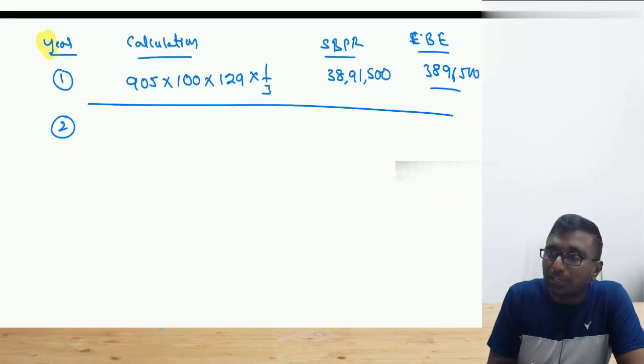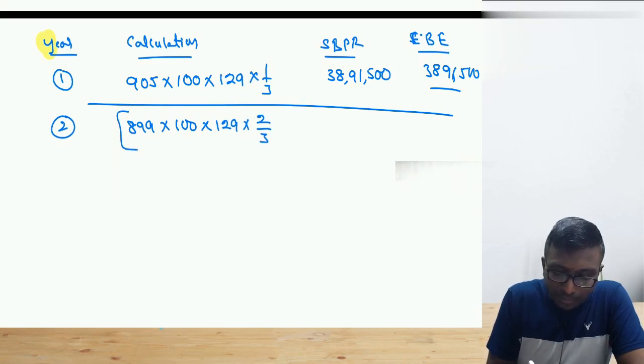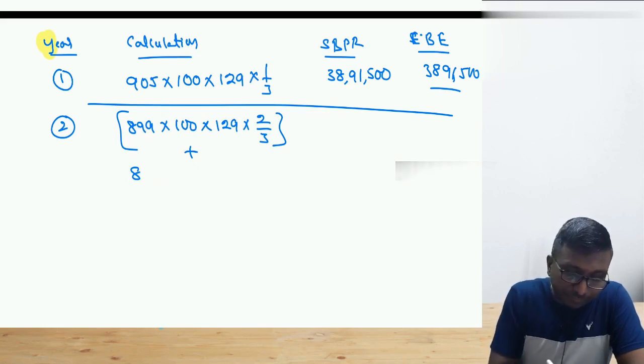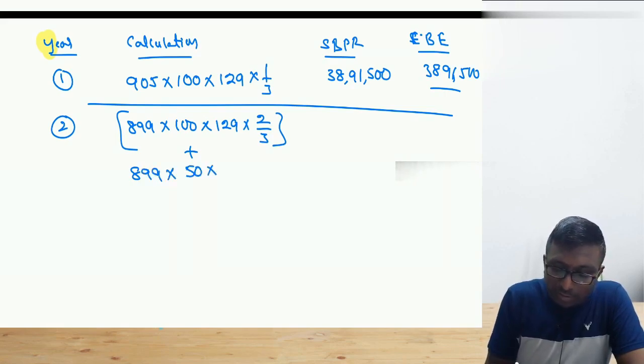Second year. In place of 905, how much will come? 899 into 100 options into 129 into 2 by 3. Correct, na? Plus 899 into 50 into how much new number? 50 into 1 divided by 2.